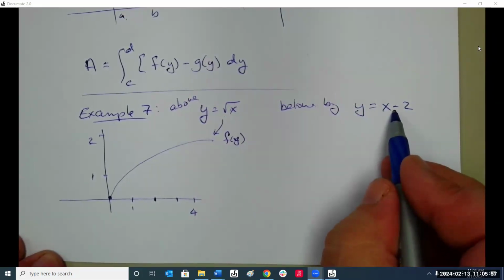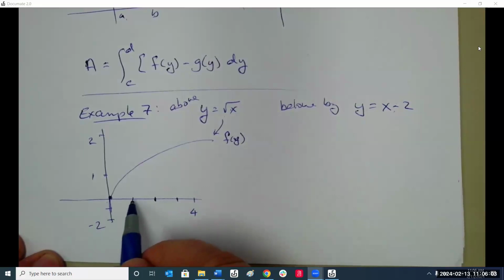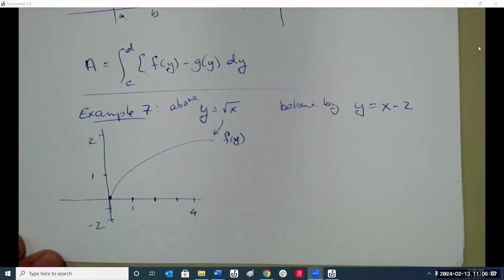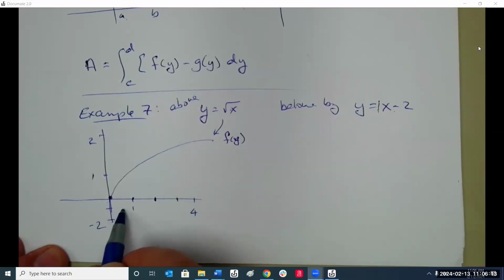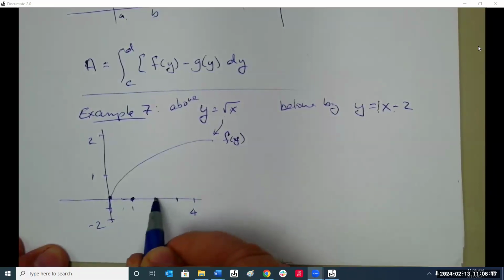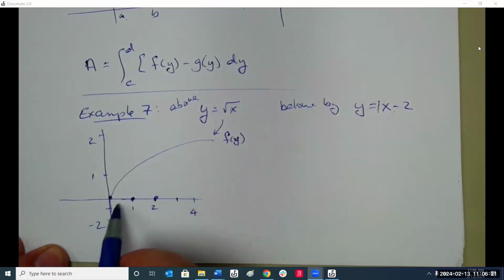This function, x-intercept is at -2 up to over 1. No, slope is 1. So up 1 over 1, up 1 over 1. Nope. Yeah, I gotta make it more accurate.